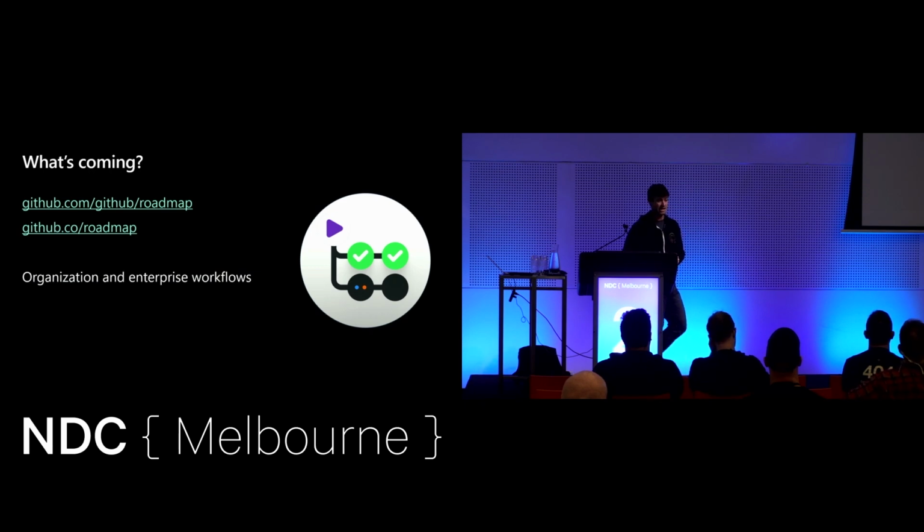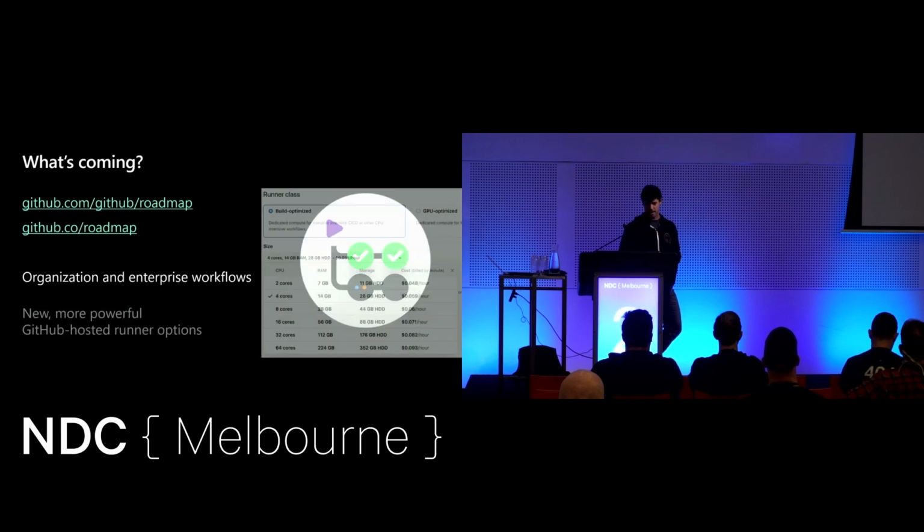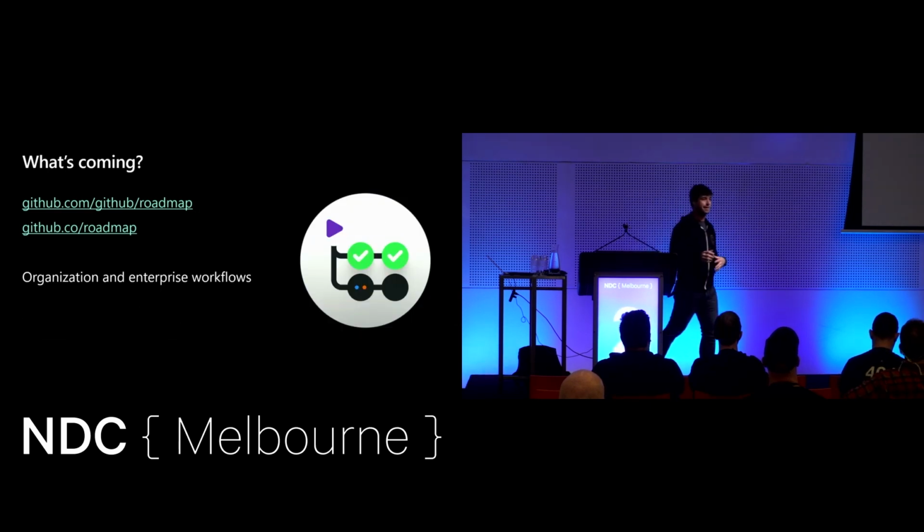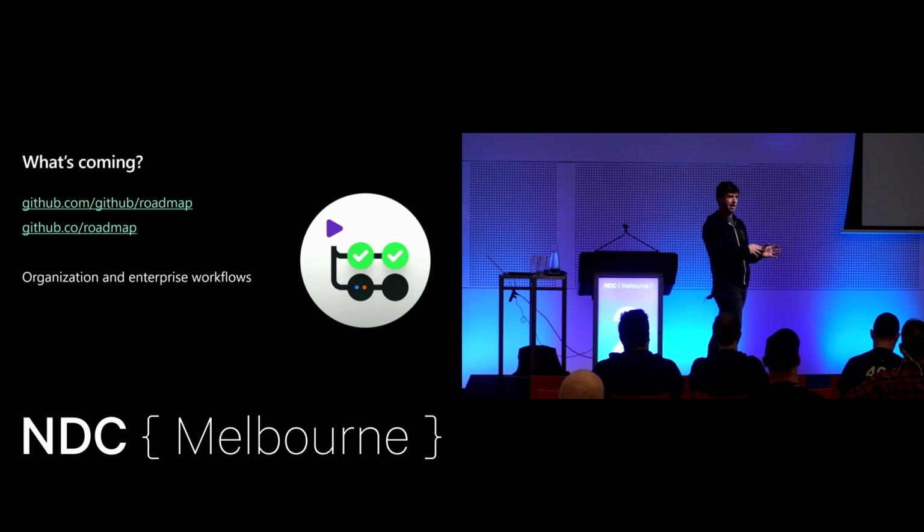But a couple of highlights for me. Workflows at the organization and enterprise level. So again, the organization can define this is how we do actions rather than just having it in a repository and telling people this is the one you use. And at the enterprise level too. There's also some stuff around enforcing some workflows to run for repositories.